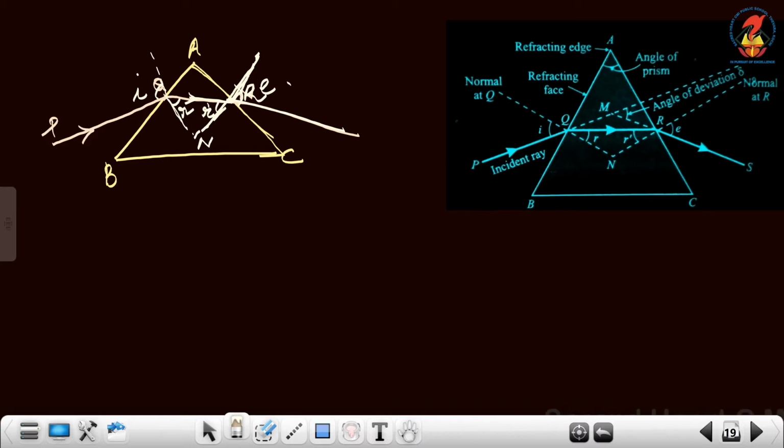So we have angle of incidence I, refraction R. Again the angle of incidence for this face is R dash and the angle of emergence is E.